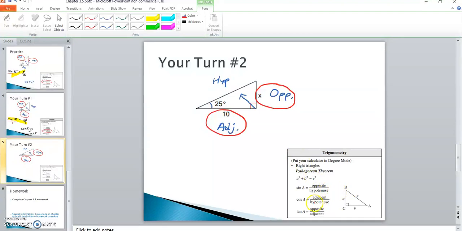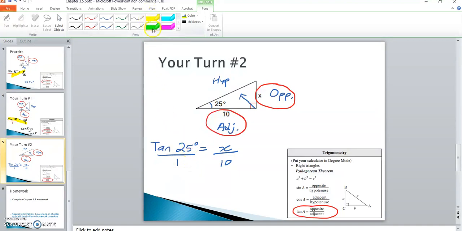So we are going to be using tan. Now, I would like you to write out our fraction and put a 1 underneath the tan. So go ahead and pause the video and do that. So tan 25 degrees equals opposite over adjacent, and I'll put a 1 underneath.